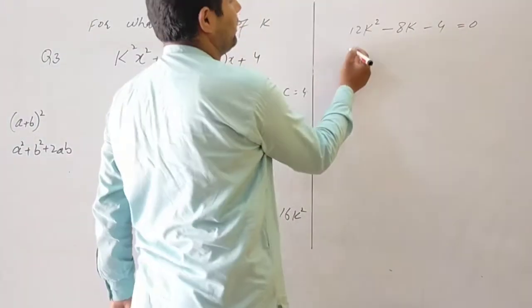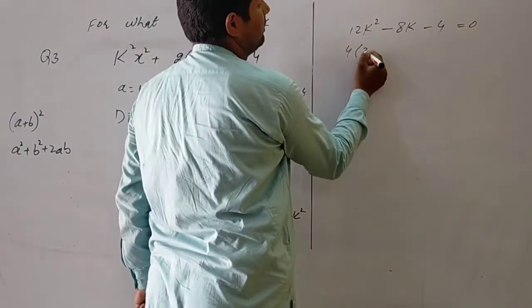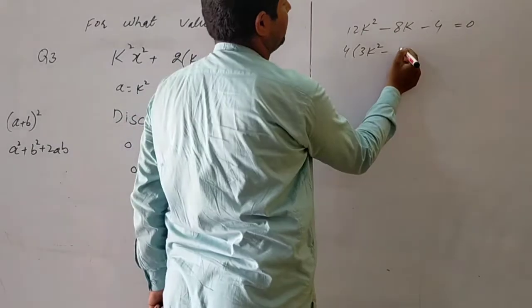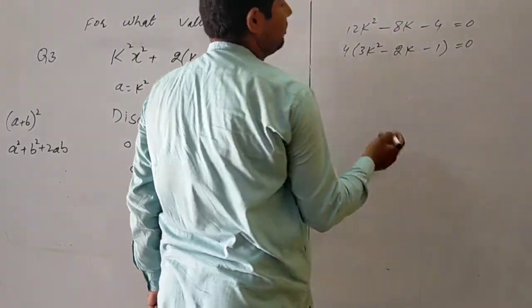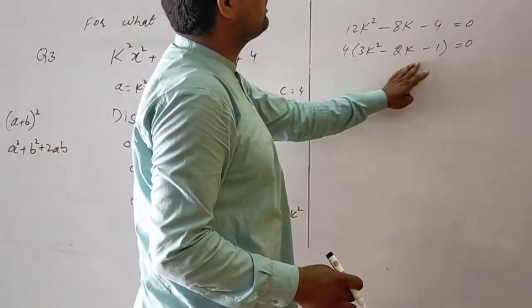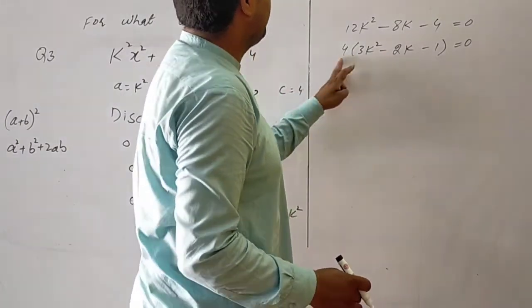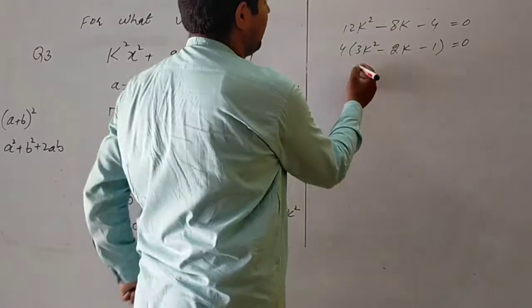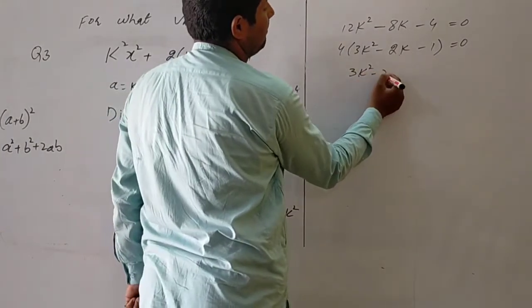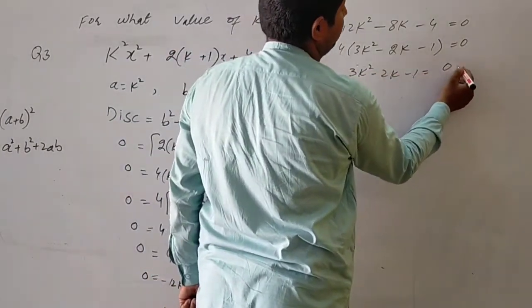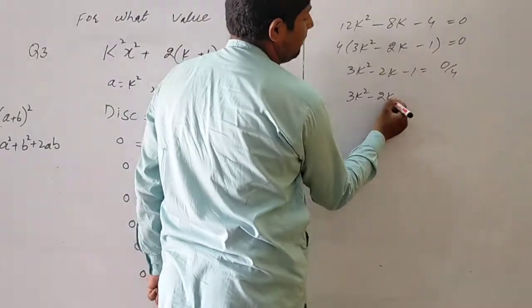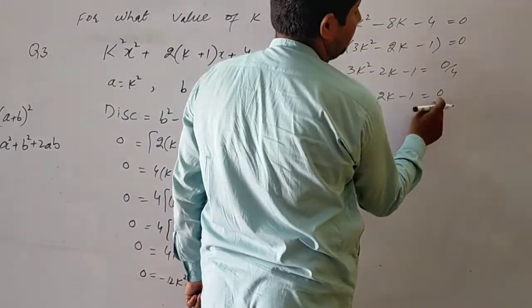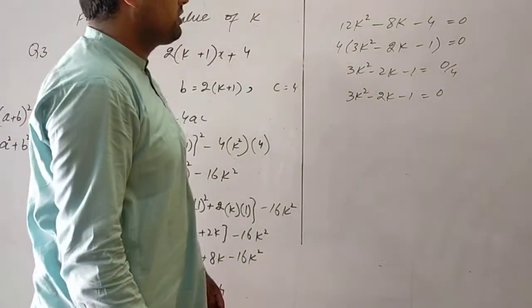Now take 4 common in all terms: 3k square minus 2k minus 1 is equal to 0. The 4 is multiplied on all these terms and on the other side, 0 is divided by 4, which is 0.